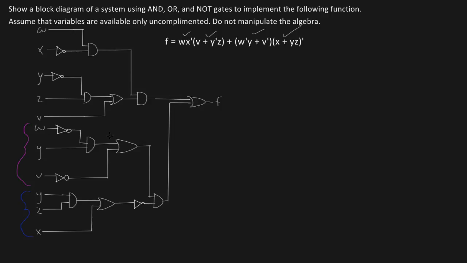We've got the W naught and the Y, and the V naught, ANDed and then ORed, ANDed with the final part of the function. And that all looks good to me. So that's how you would express a function if asked to draw a block diagram.